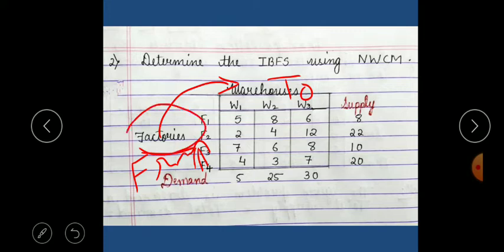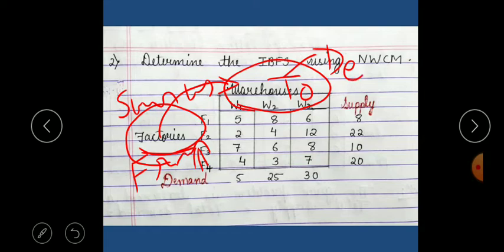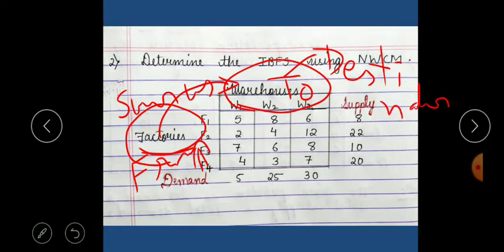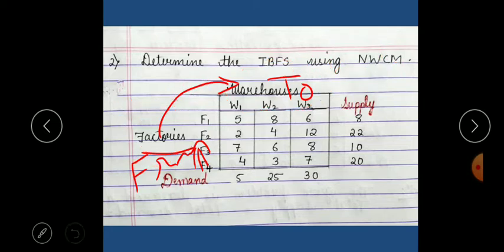Wherever the goods initially are will be on the left hand side, and finally where the goods should reach, that is their destination, should be on the top. These on the left are also known as sources, and these on the top are known as destinations. So this is about the problem, and let us start.